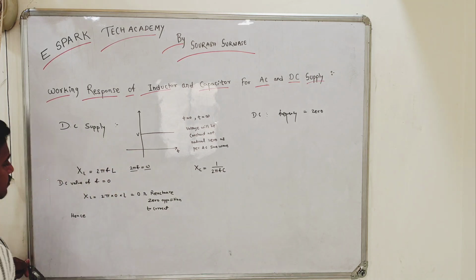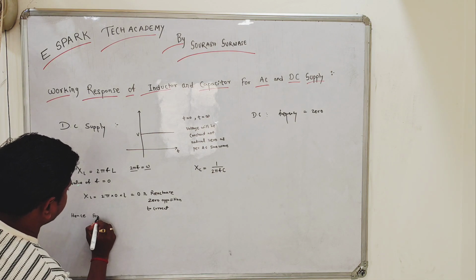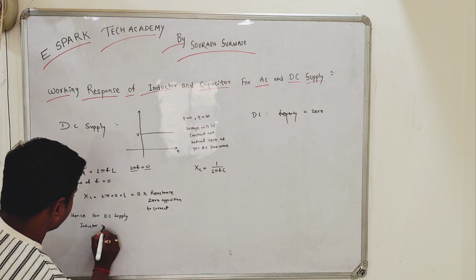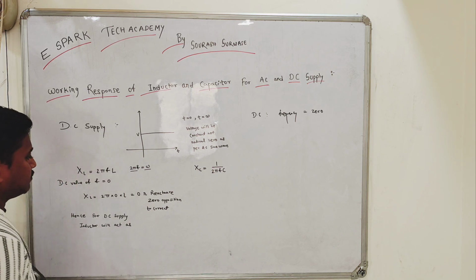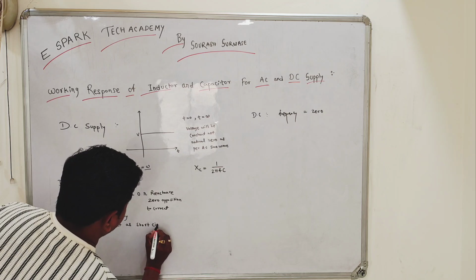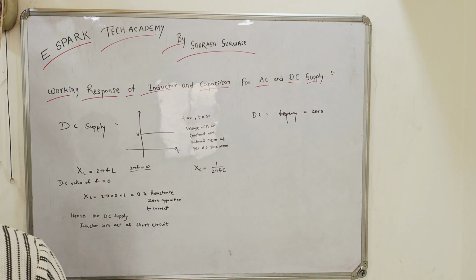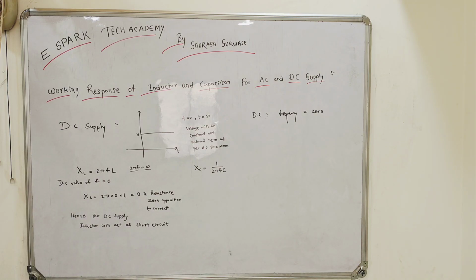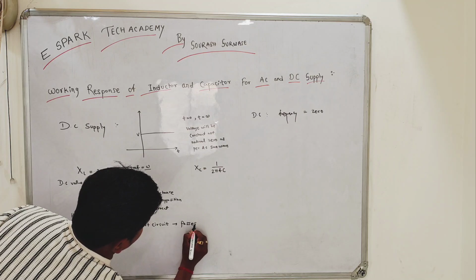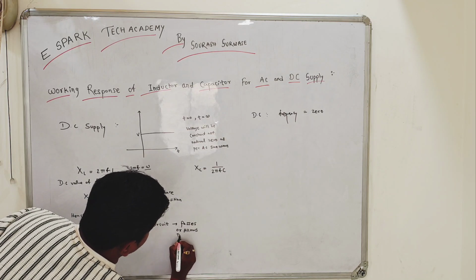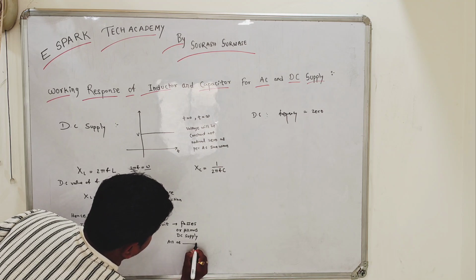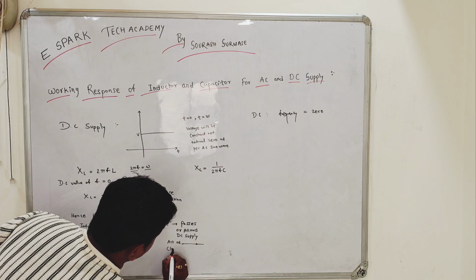Hence, for DC supply, inductor will act as short circuit, or passes or allows DC supply, acting as closed switch.